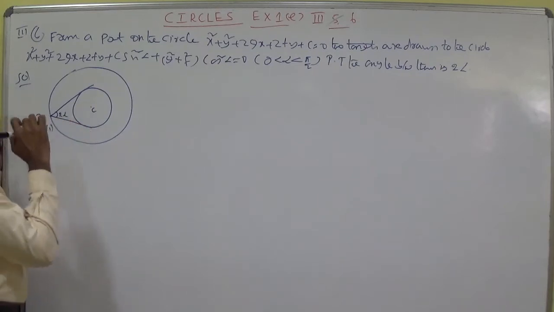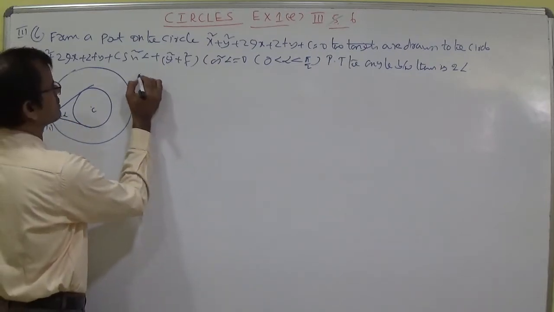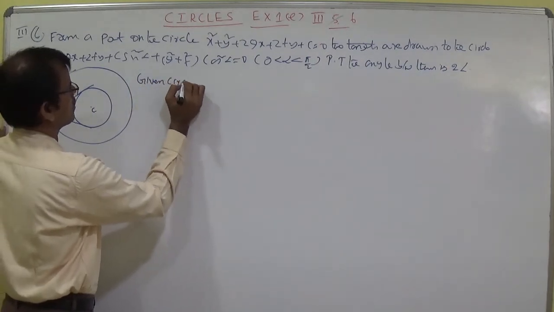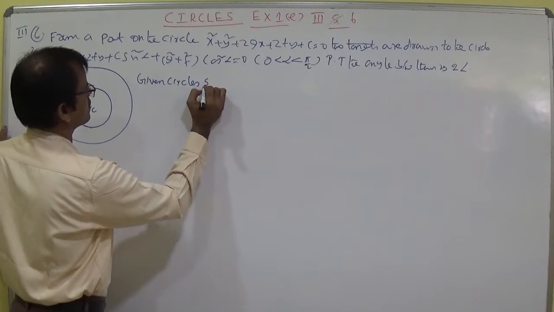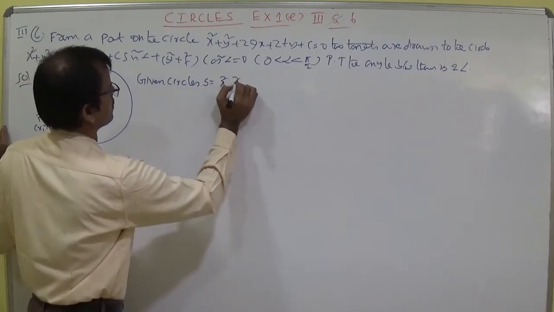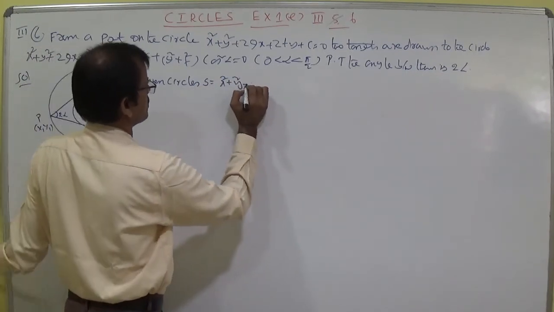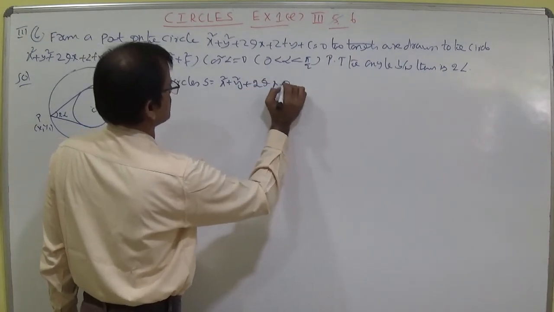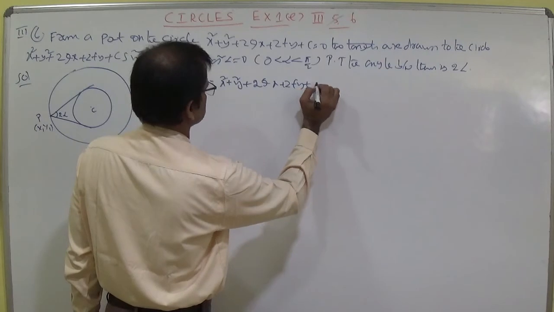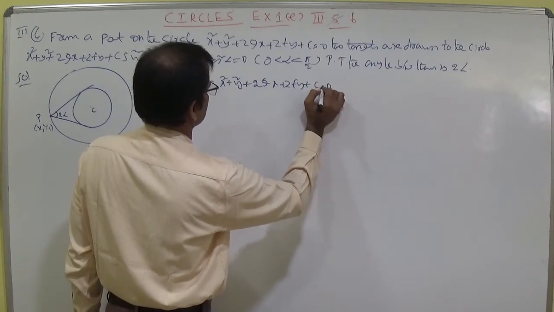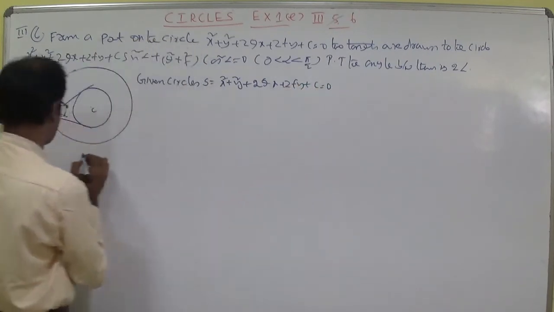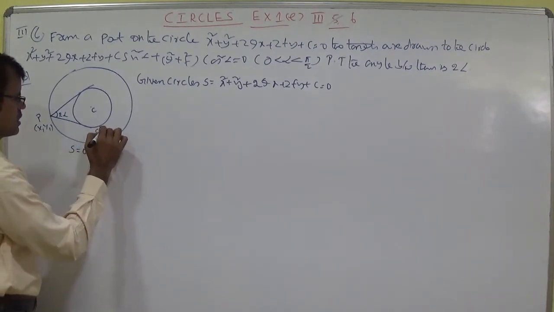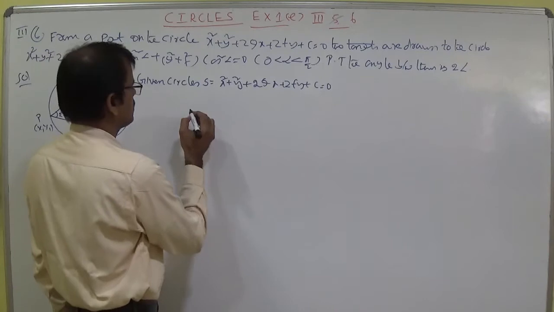Okay, let us write the given circles. First put the name S: x square plus y square plus 2gx plus 2fy plus c is equal to 0. This is the outer circle, S is equal to 0, and this is S dash, the inner circle.